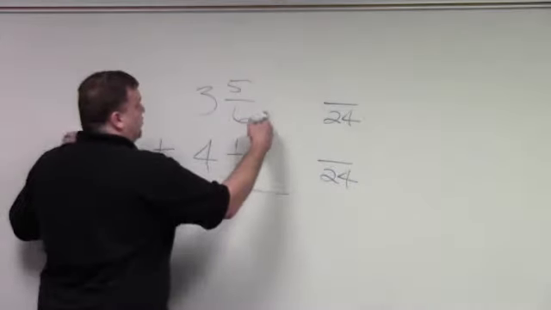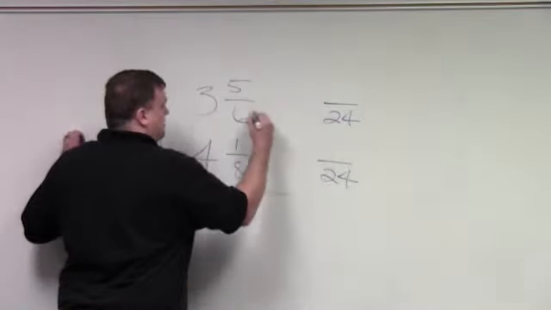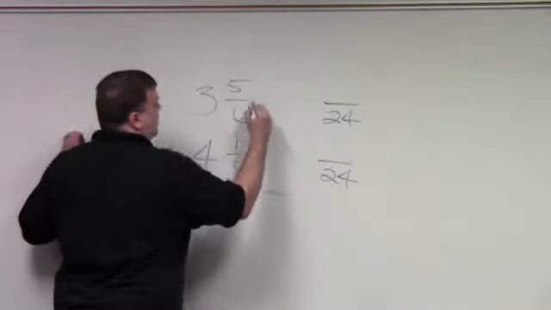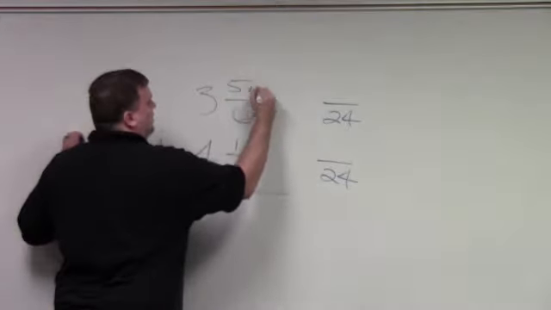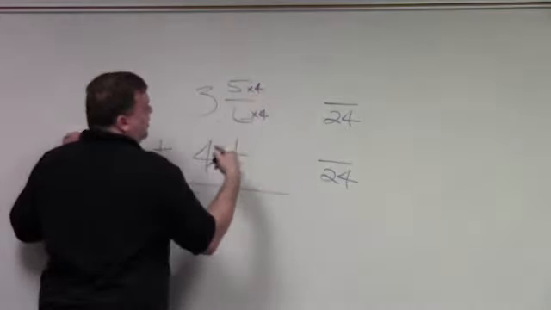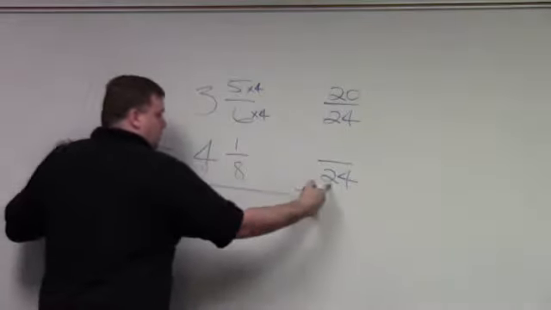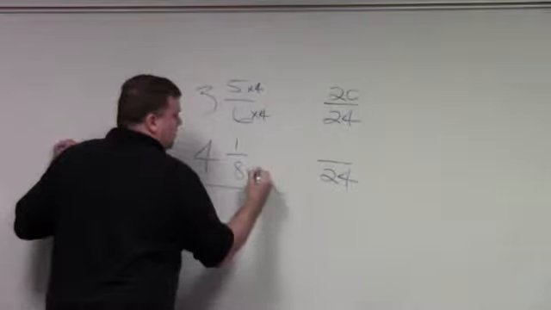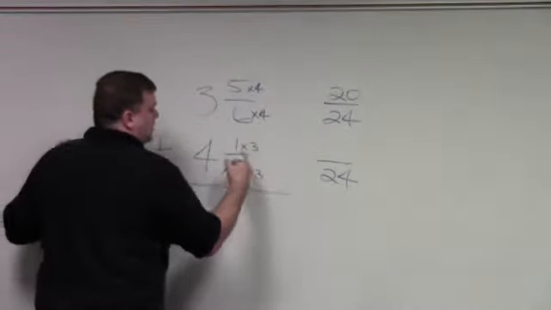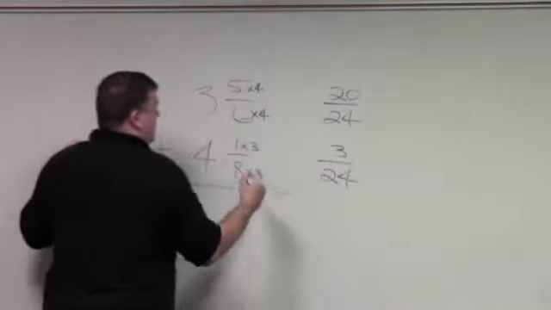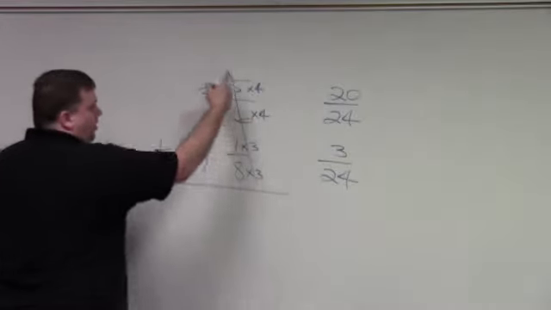So 6 times what gives me 24? 4. When I do it on the bottom, I have to do it on the top. 5 times 4 is 20. 8 times what gives me 24? 3. 1 times 3 is 3. So we're really done with that part of it, right?